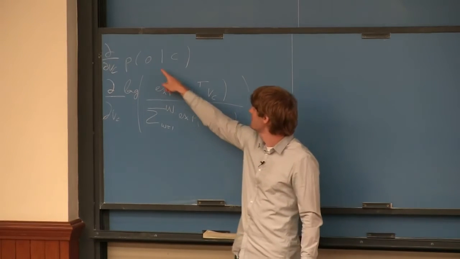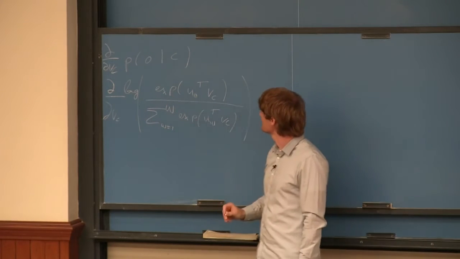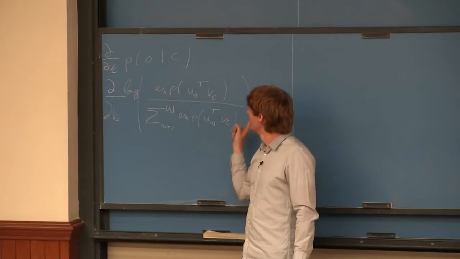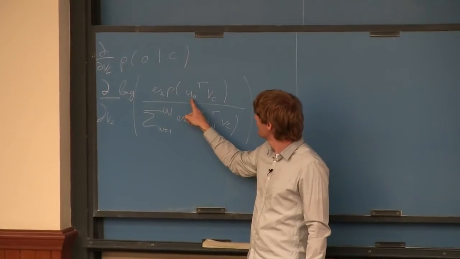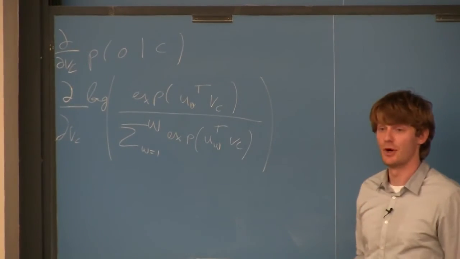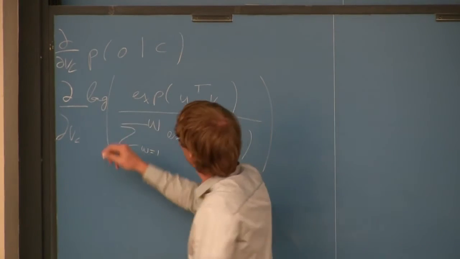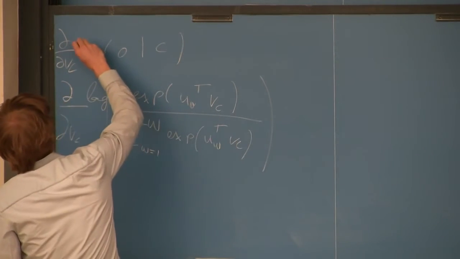So now, what is the probability? That's exactly how we define it here with the so-called softmax function. When you sum up over all the outside vectors u, this whole thing will sum to 1. Then instead of taking just the probability, we'll actually take the log probability.